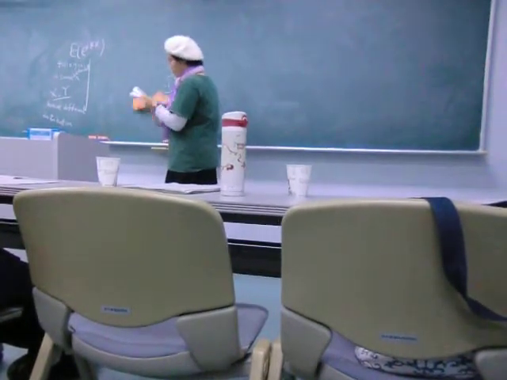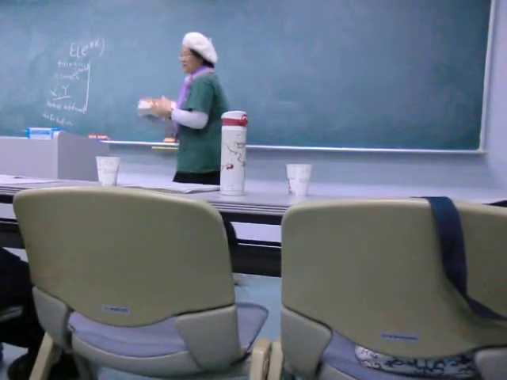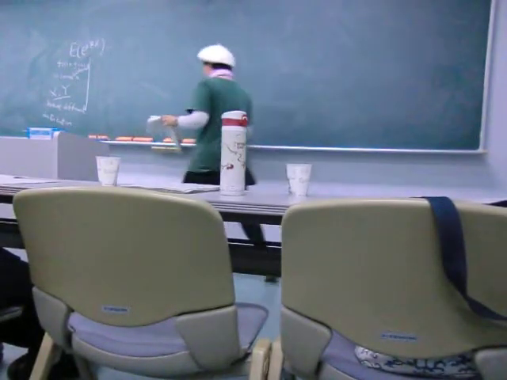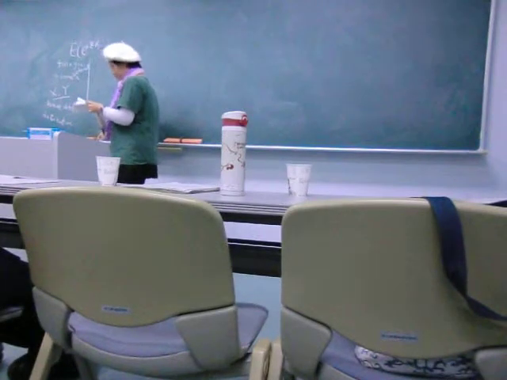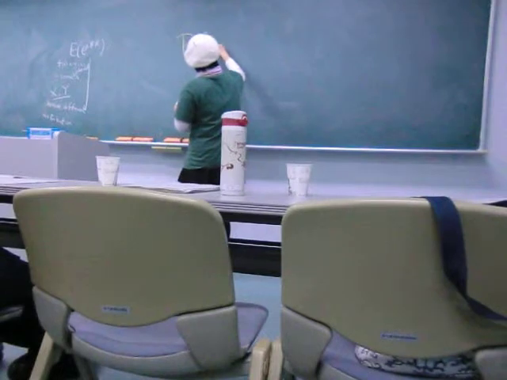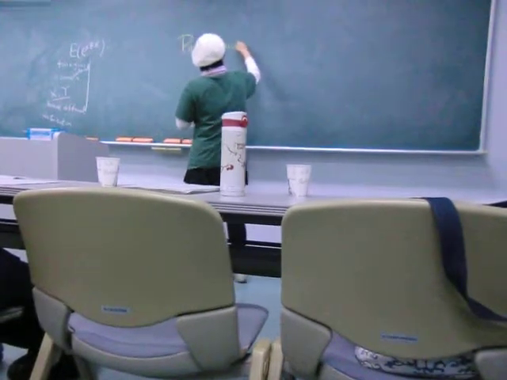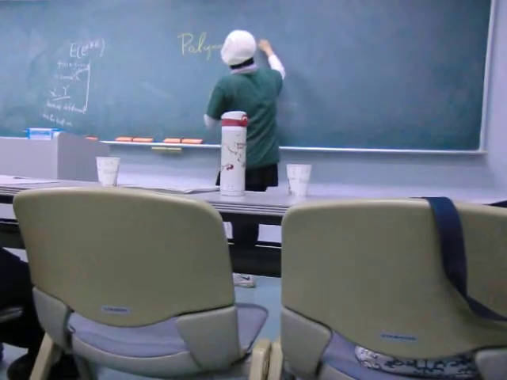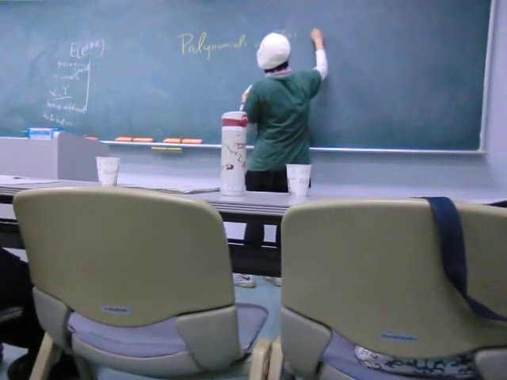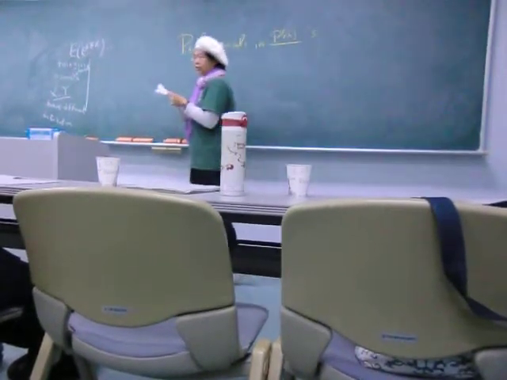So next, we will go to section 4. Section 4 is about the polynomial in P dash lambda.